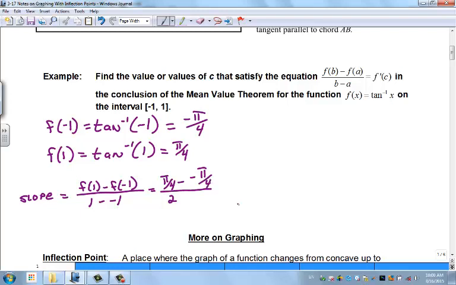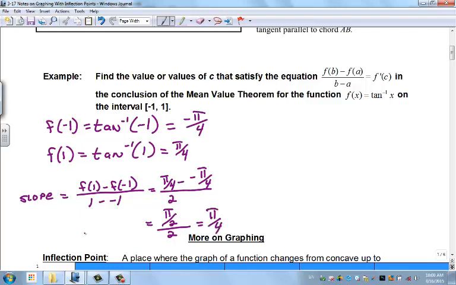Well, that's pi over 4 plus pi over 4, which is 2 pi over 4, or pi over 2. So what you end up with is pi over 2 over 2. If you take pi over 2 and divide it by 2, it's like multiplying it by a half, so you get pi over 4.